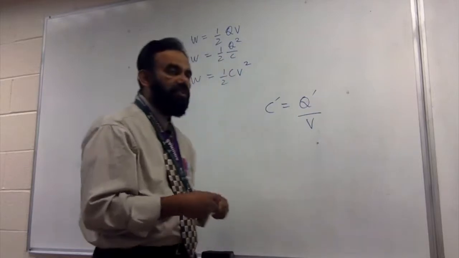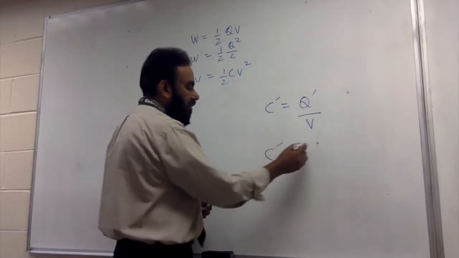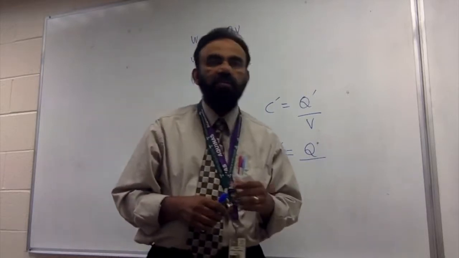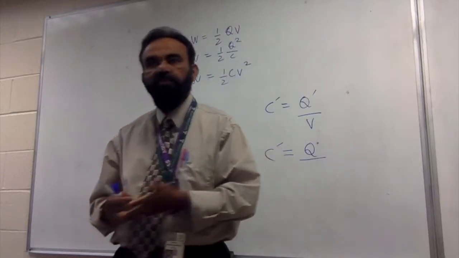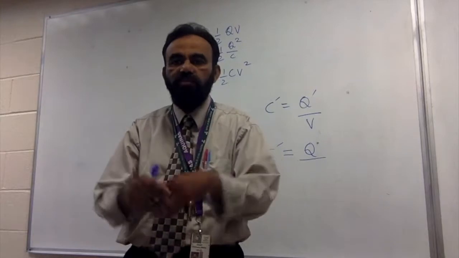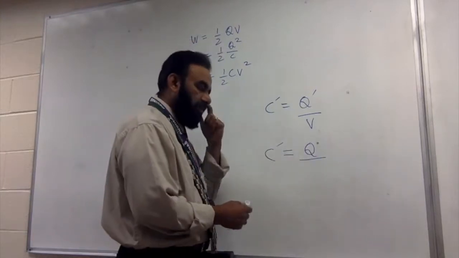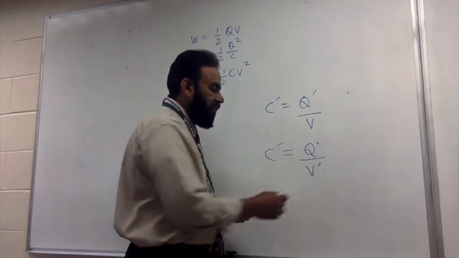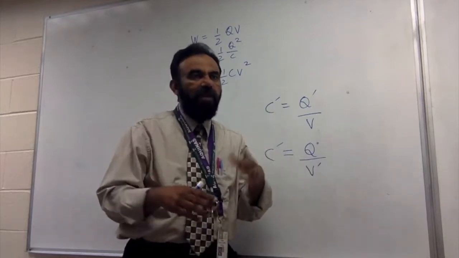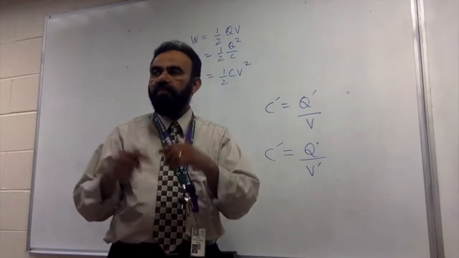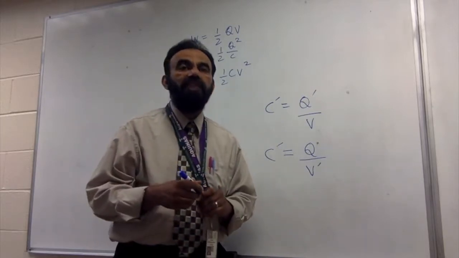The charge cannot be affected because charges cannot be created nor destroyed. Since there is no source of extra charges, we have disconnected the battery already. Charge stays the same, but the voltage drops to a new voltage, which is whatever you applied earlier minus the potential difference across the dielectric.